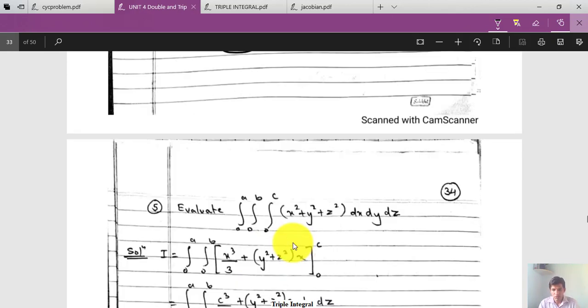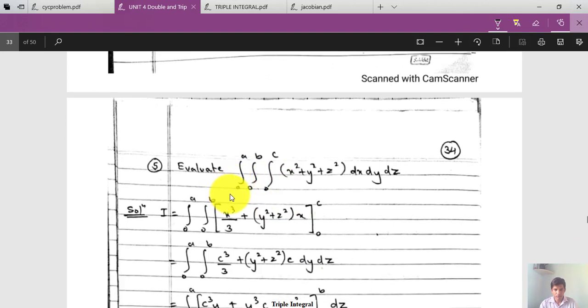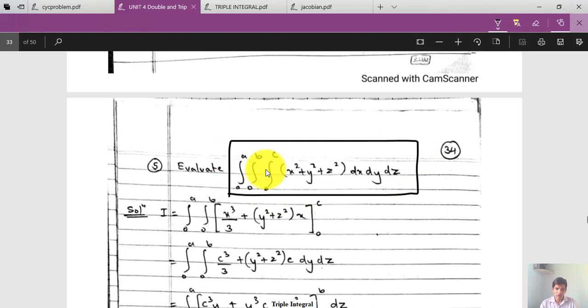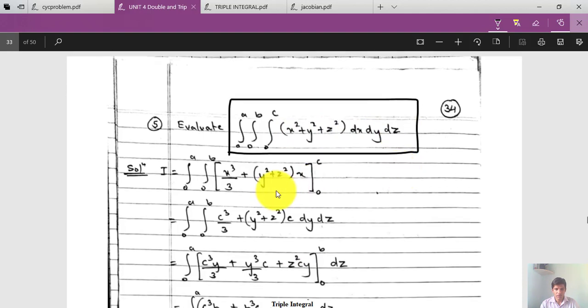Now the next problem is given as this. Here also the limit is constant c over the function x square plus y square plus z square, dx dy dz. First I will integrate it with respect to x. Here I did not write dy and dz, please write it up.